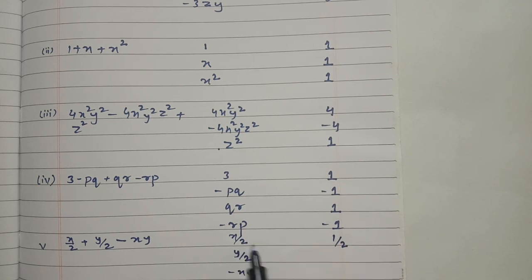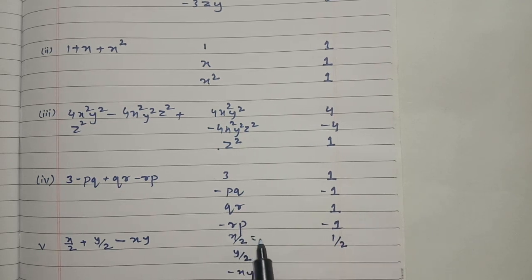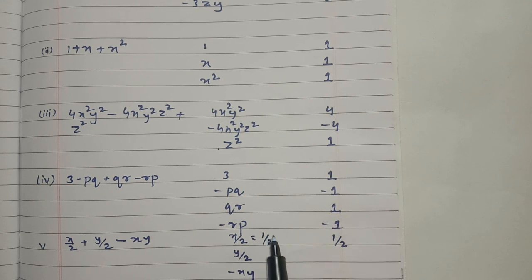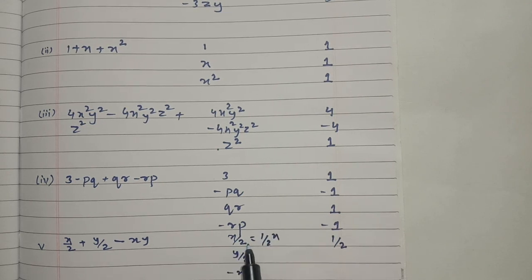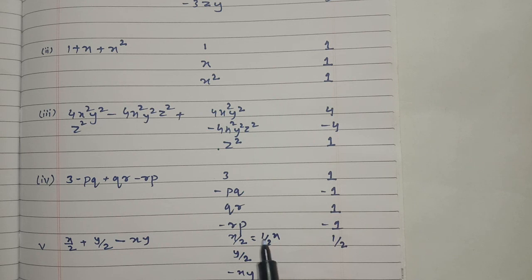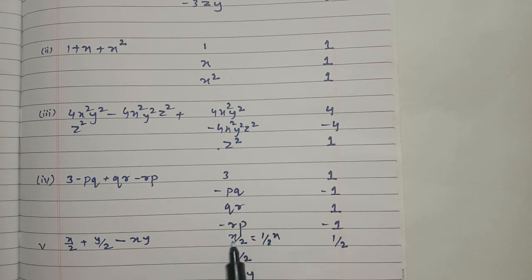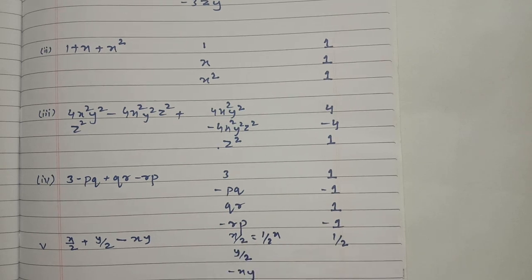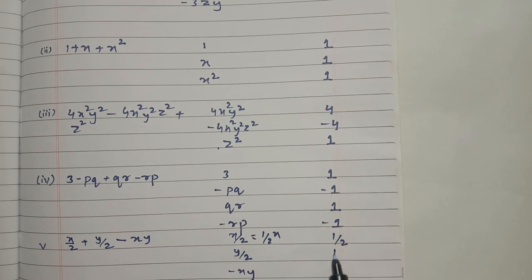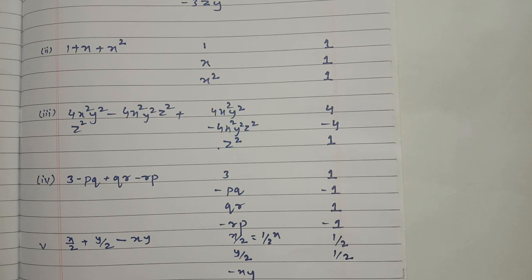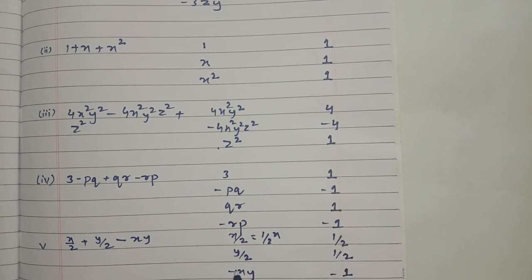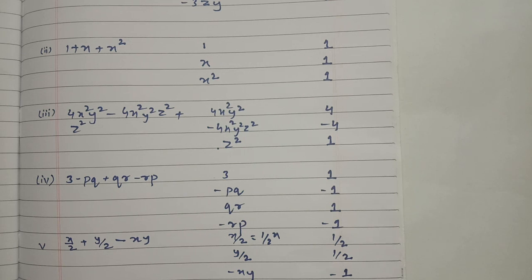Keep in mind, x by 2 can be written as 1 by 2 into x. 1 into x is again x divided by 2. So the coefficient of x here is 1 by 2. Coefficient of y here is 1 by 2. Here the coefficient is minus 1. If the coefficient is not mentioned, then it is 1. If it is plus, plus 1. If it is minus, then minus 1.